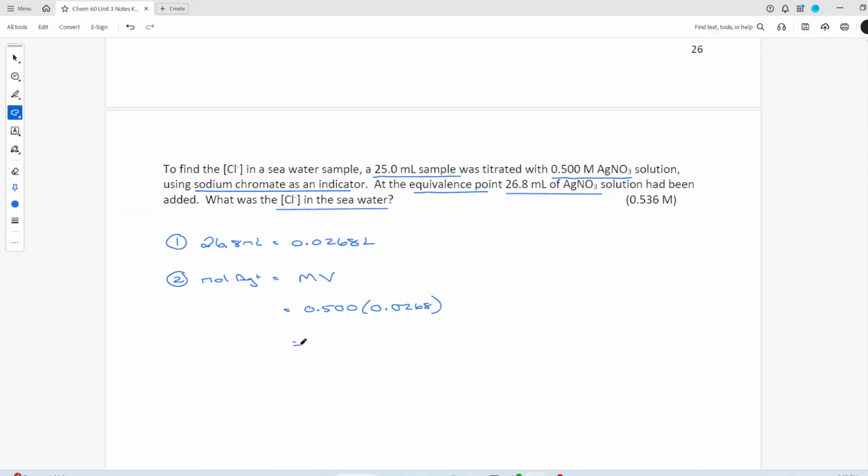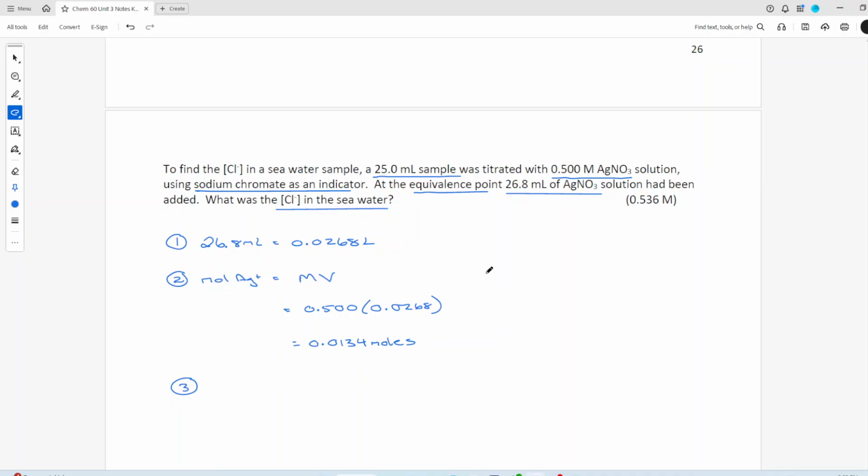So let me grab my calculator. 0.5 times 0.0268 is 0.0134 moles. So my standard solution contained 0.0134 moles of silver.